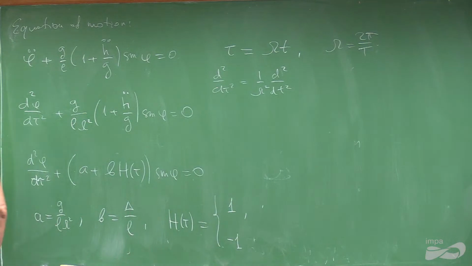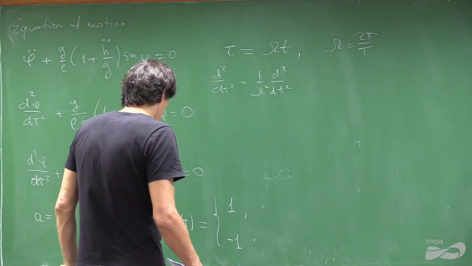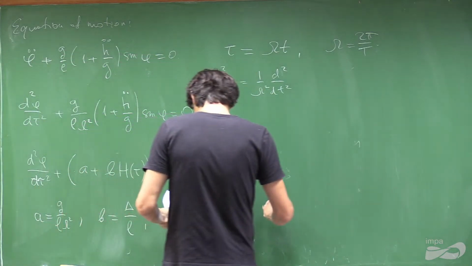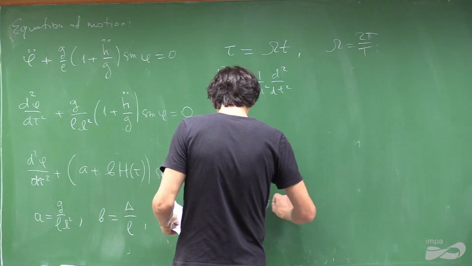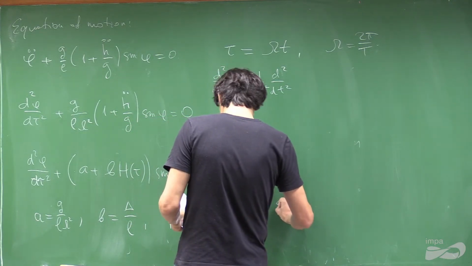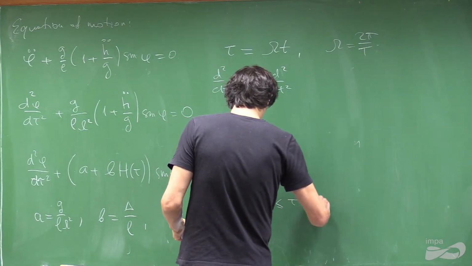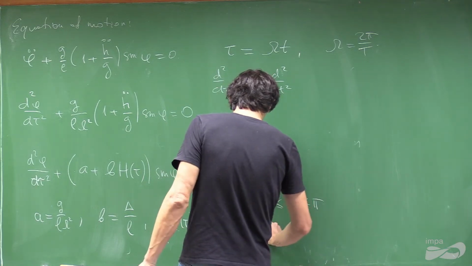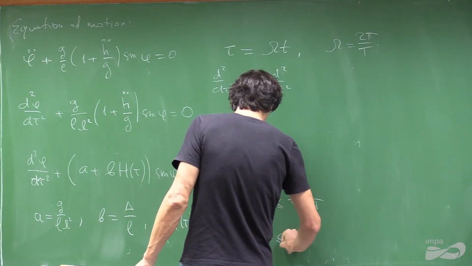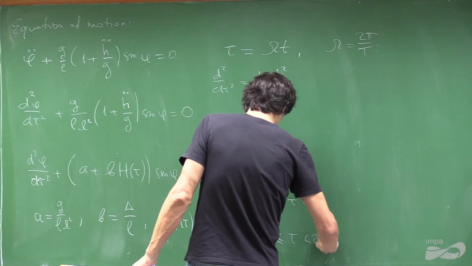Also, we change the period from capital T to 2 pi. So what happens here is that this happens from 0 to pi, and this happens from pi to 2 pi.